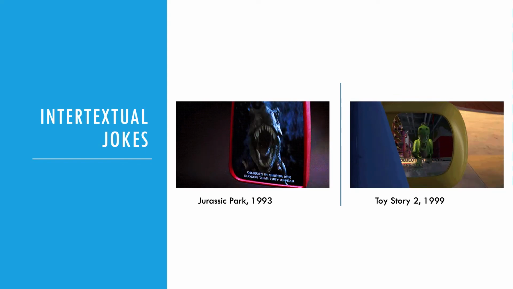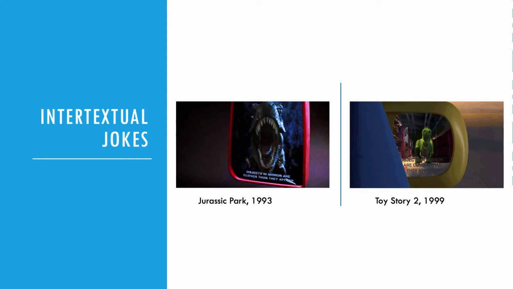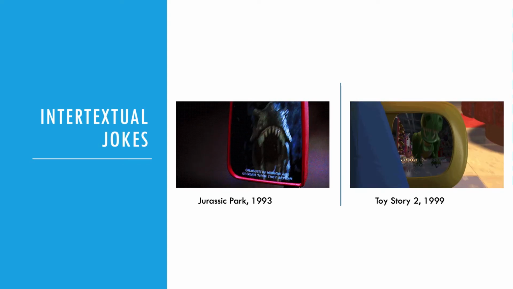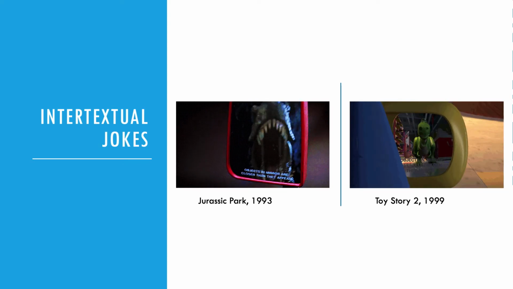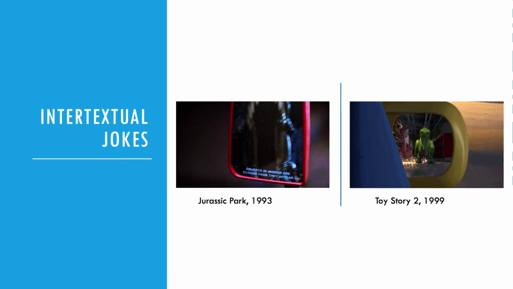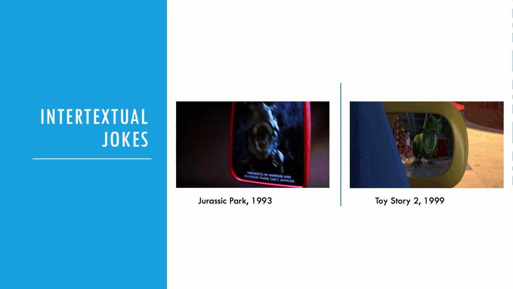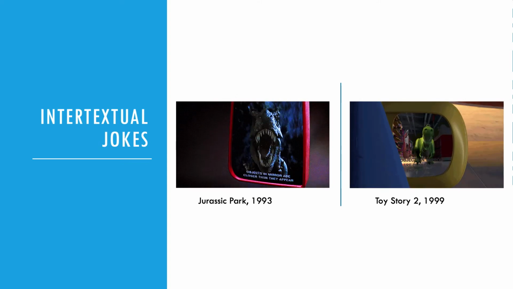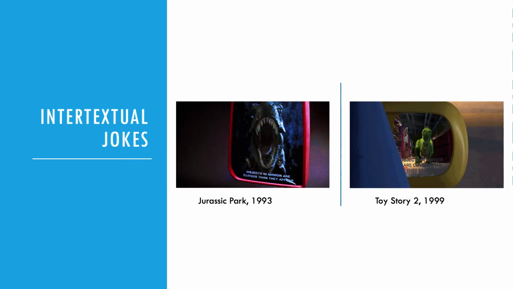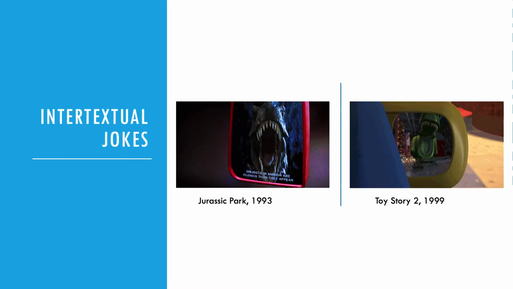So the GIF on the left-hand side, as you can see, is from Jurassic Park, the film that came out in 1993, and the iconic scene of the T-Rex chasing down the Jeep and trying to eat the people inside. And you can see that there's text on that wing mirror.